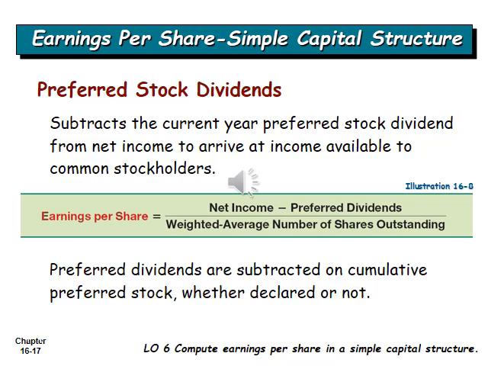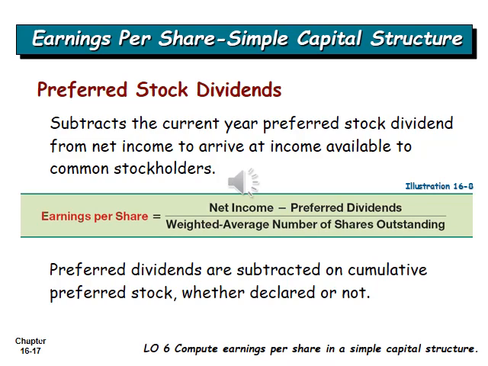This is the equation to determine the basic earning per share, or the simple earning per share. So the remaining net income will go to the common stock. Net income minus preferred dividends over the weighted average number of shares outstanding.